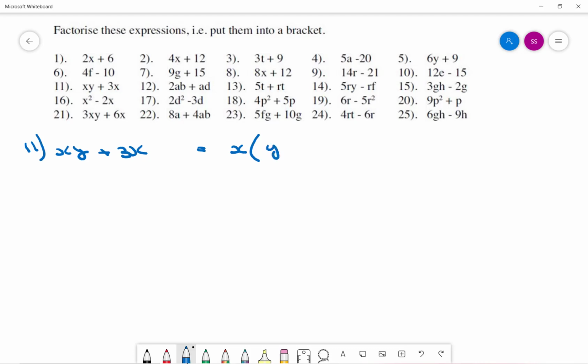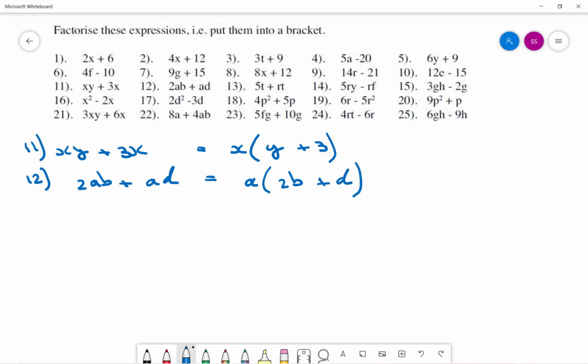xy divided by x leaves just y, and 3x divided by x leaves just plus 3. Number 12, 2ab plus ad. The common factor in both of those two terms is going to be our a. 2ab divided by a will leave 2b, and ad divided by a will leave just plus d.